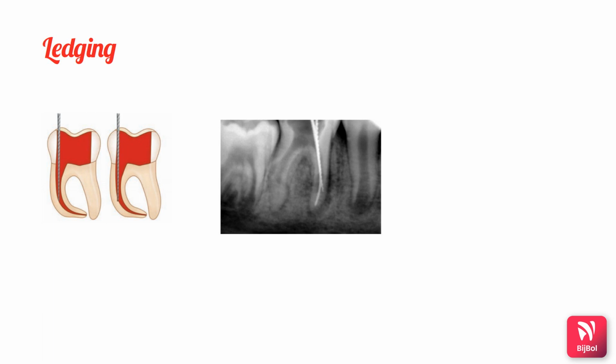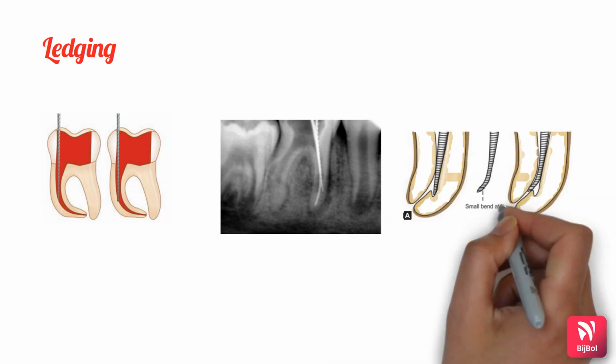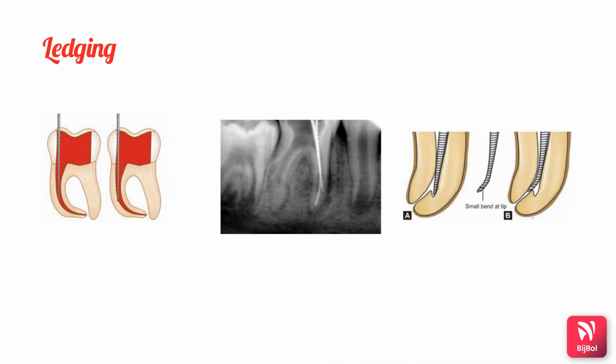The radiograph helps to negotiate the ledge by choosing a smaller file, usually number 10 to 15, and giving a small bend at the tip of the instrument. That helps a lot.